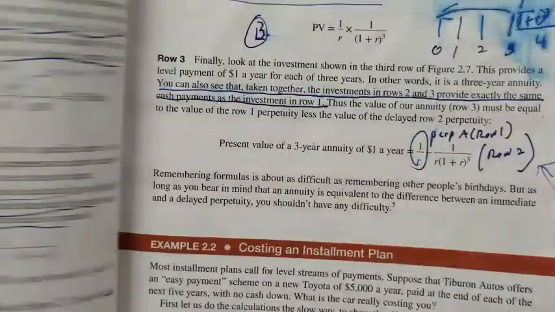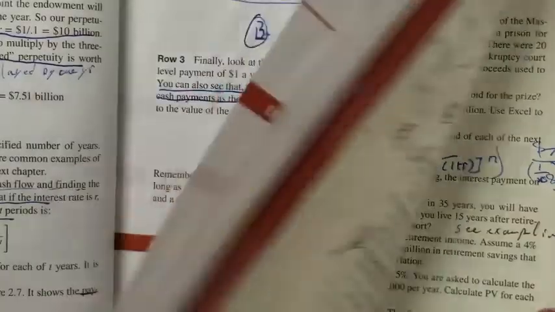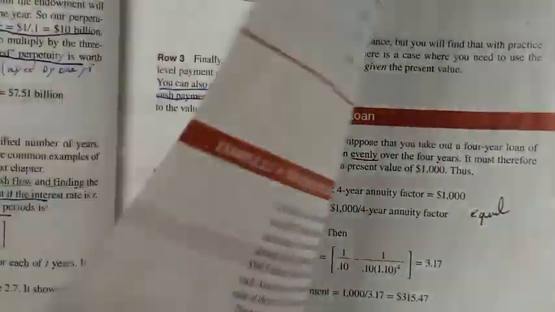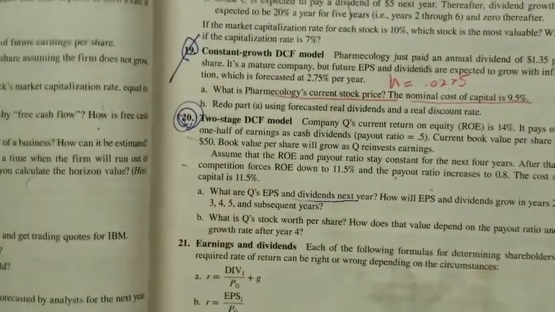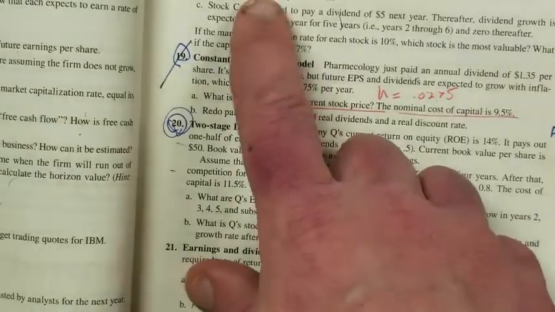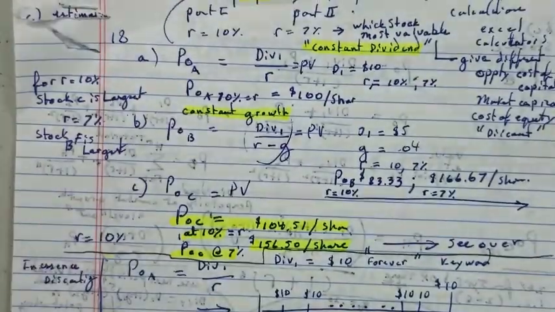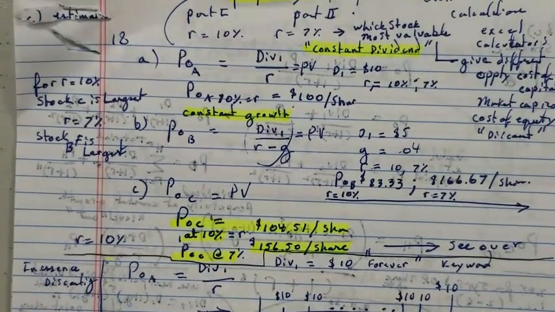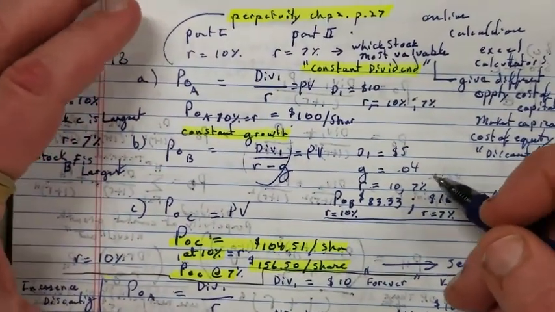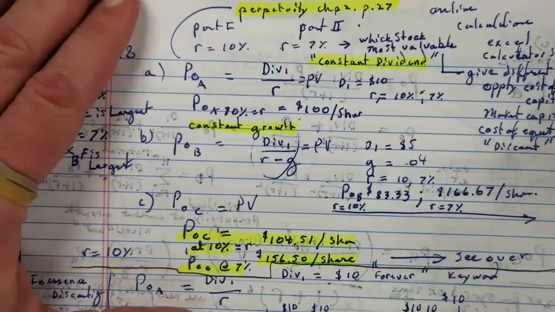Anyway, back to chapter 4, and we are on 18. We're solving for B, and then I'll be able to get into horizon value using the two-stage dividend discount model or discounted cash flow model.